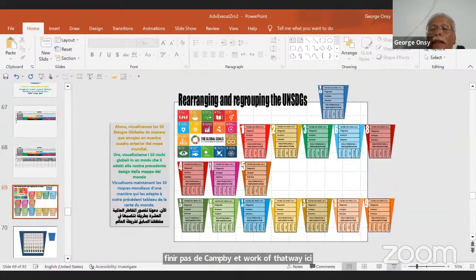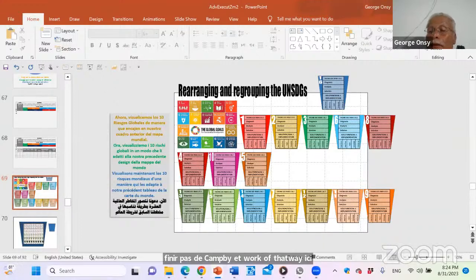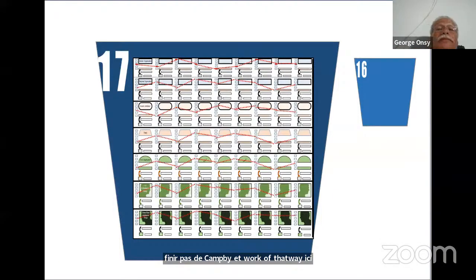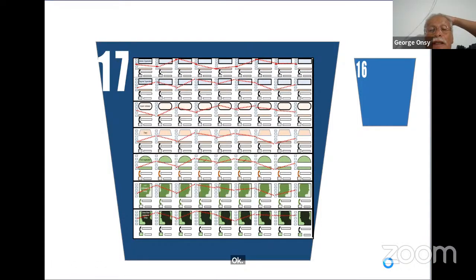Now, we'll move to number 17. I will treat number 17 in a different way. As you see, number 17 here shows a kind of networking that I designed before for problem solving and presented many times.